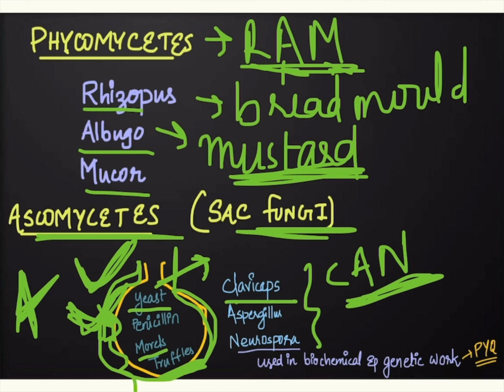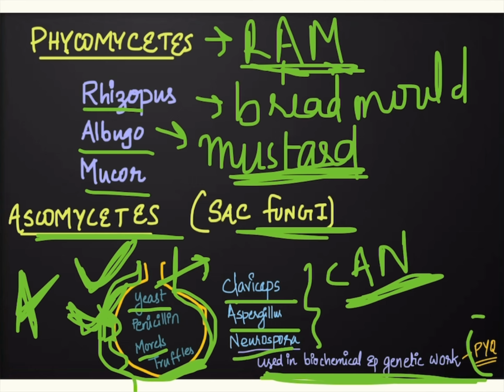C stands for Claviceps, A stands for Aspergillus, and N stands for Neurospora. Neurospora is used in the biochemical and genetic work. It's an important point, it's a PYQ.